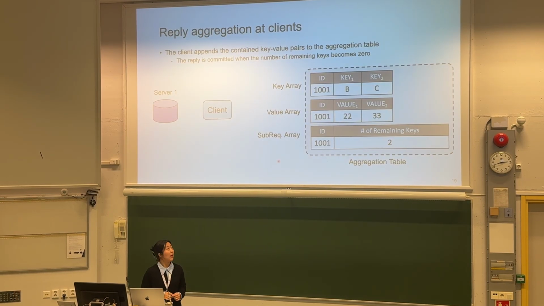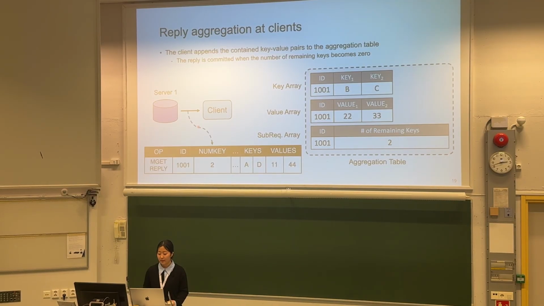Let's move on to reply aggregation at the client. We suppose that the reply for keys BC has already arrived, like this. And now the client receives the reply for AD. The client appends all the key value pairs to its key array and value array. Then it checks whether this is the final sub-reply for the Multiget request by consulting the sub-request array.